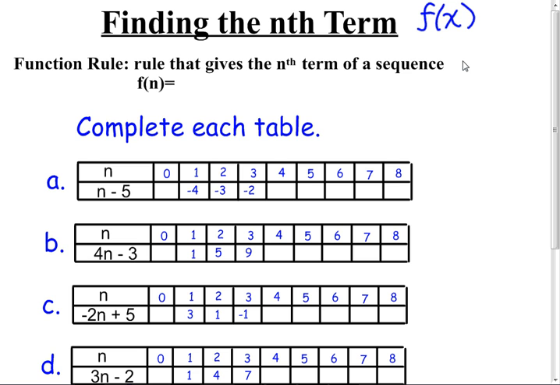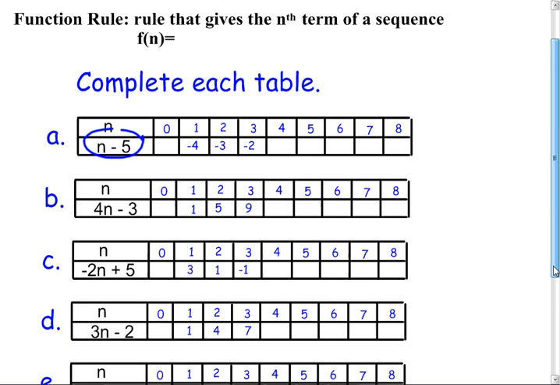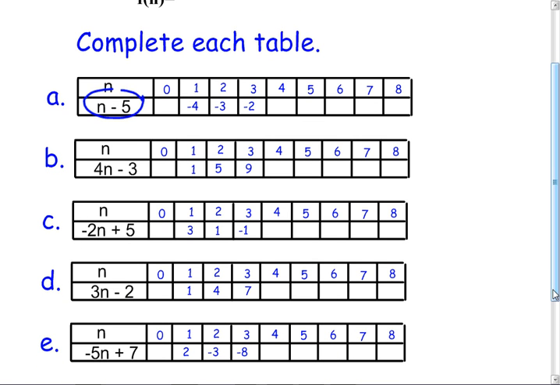This would be if I could take any number I want, any real number, including pi and decimals. These are going to be whole numbers, or integers, actually integers. So I want to find the rule here, and the rule here, actually I'm given the rule, is n minus 5. I want to see a connection between the rule and the chart. And some of you have already worked ahead and figured that out.